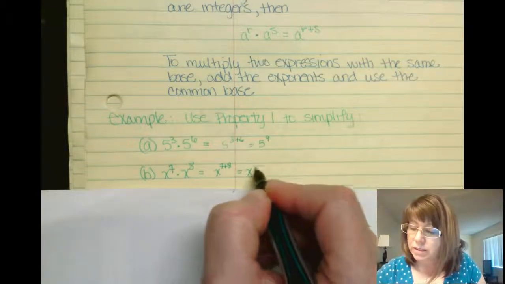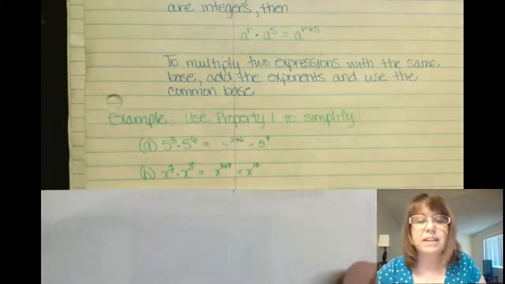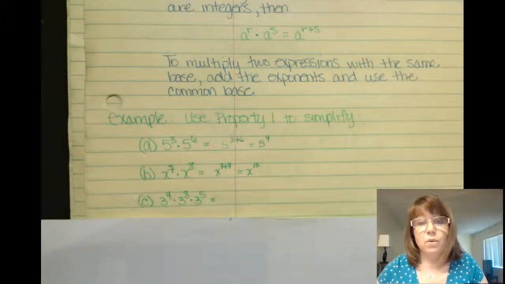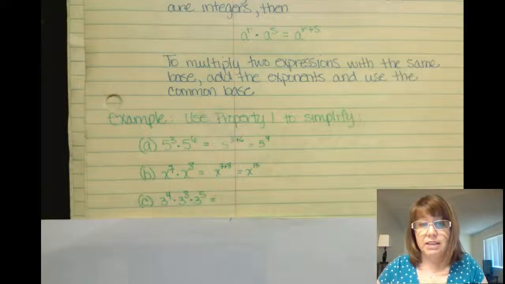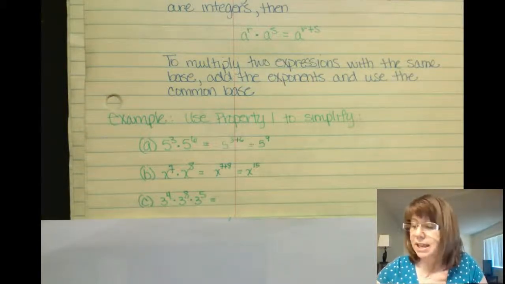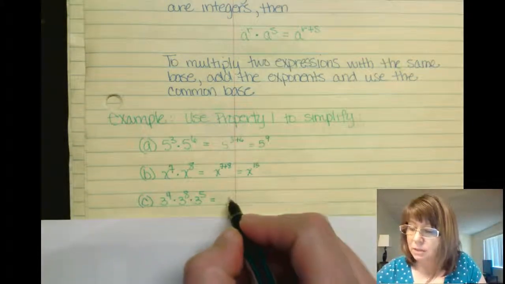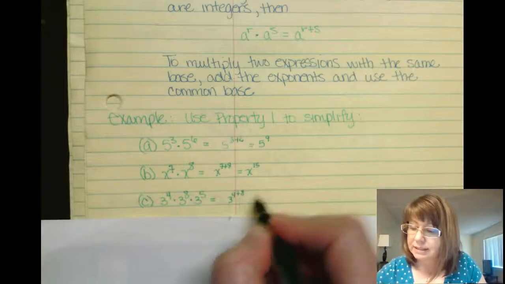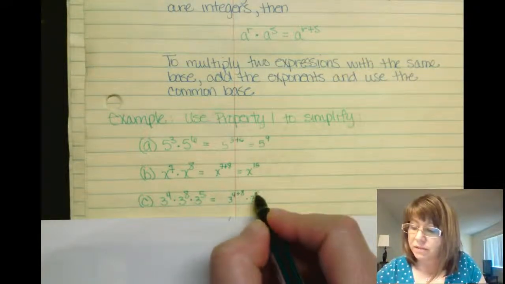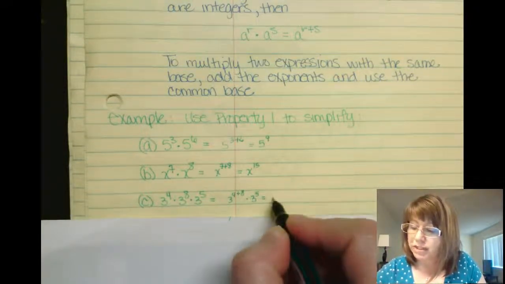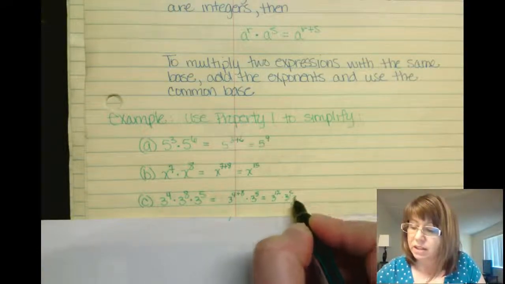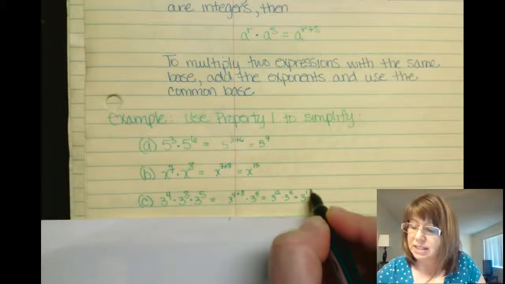So our end result is x to the 15th. 3 to the 4th times 3 to the 8th times 3 to the 5th. Well, it's the same thing. We're going to use the same property. So it's going to be 3 to the 4 plus 8 times 3 to the 5th, which will lead us to 3 to the 12th times 3 to the 5th, which is 3 to the 17th.